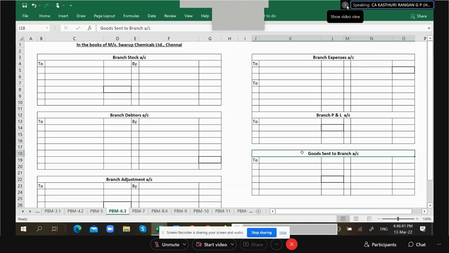You won't lose anything. In fact, you will get the correct answer when you prepare GSB account also. So better prepare GSB account also, provided sufficient time is available in the exam. But minimum 5 accounts you have to prepare, is it not? Stock, debtor, adjustment, expense, P&L. Only one account addition, GSB, will help you for some reasons.